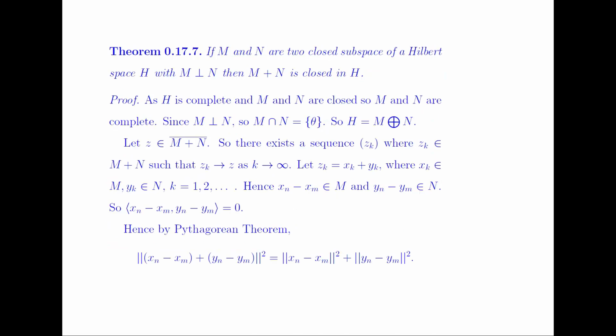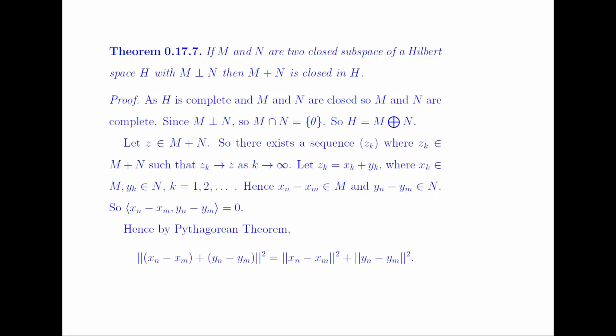So here, if M and N are two closed subspaces of a Hilbert space H with M perpendicular to N, then M + N is closed in H. It is given that H is a Hilbert space, so it is complete, and M and N are closed.